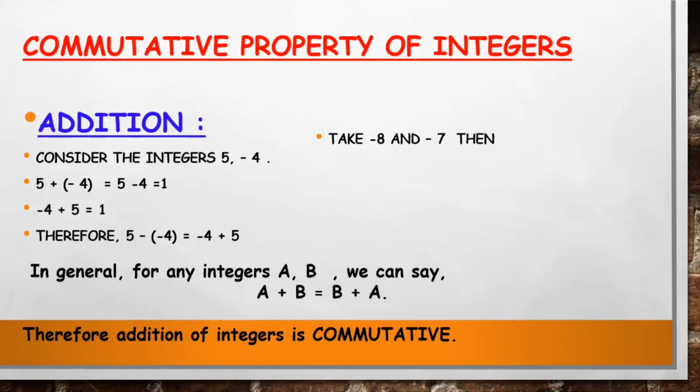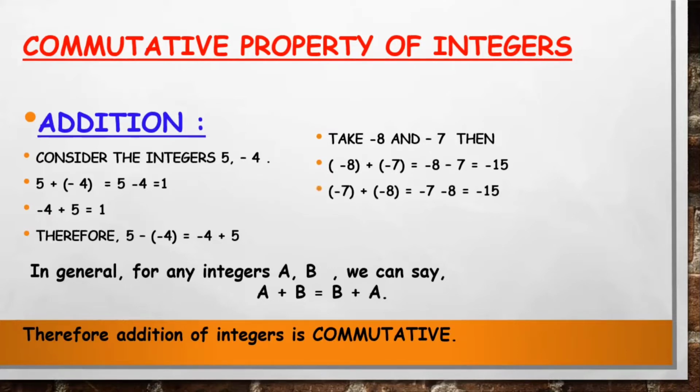Okay, so now comparatively, let's take one more example in which both the numbers are negative. First we have seen one number positive and one negative. Now let's take the second example in which both are negative. Let's add them, that is -8 -7. Again, how to add and how the signs change is given in the link in the description box. Just go through that, so you will understand how the signs change. And my answer is -15.